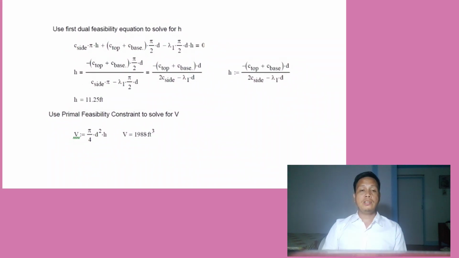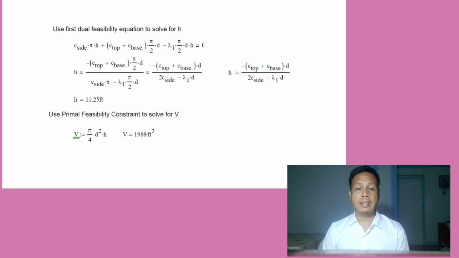So we use the first dual feasibility equation to solve for the height: cost of side times pi times height plus cost of top plus cost of base times pi d over 2, minus lambda 1 times pi over 2 times d times height equal to 0. So we have to solve for the value of h.